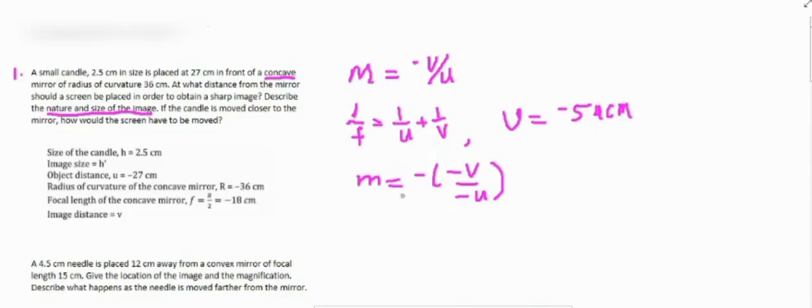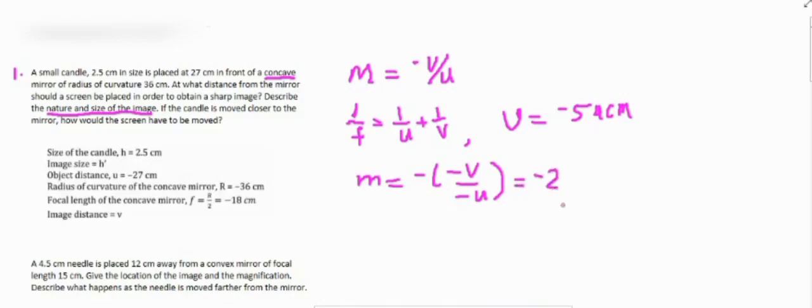If the magnitude of m, mod of m, is greater than 1, it is an enlarged image, otherwise it is a diminished image. Here it is a concave mirror, and you will get m around minus 2.